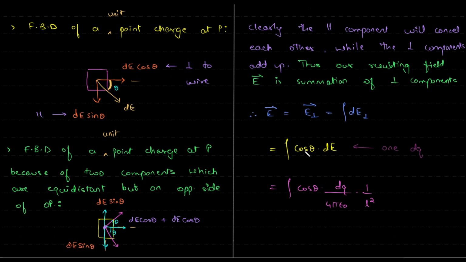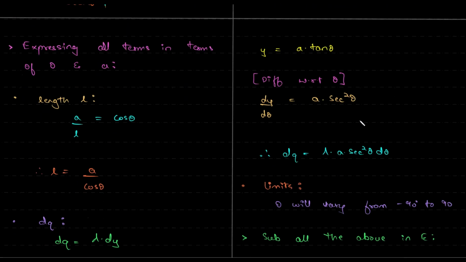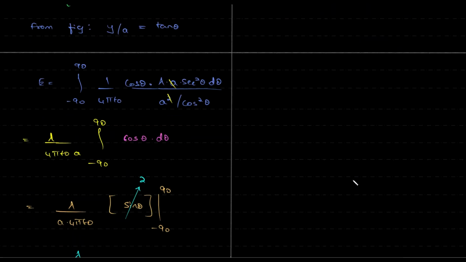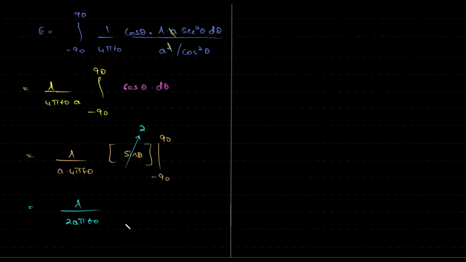Whatever is cancelling, we can let that go. Whatever is adding, we need to integrate. And to do that, we express all terms in terms of theta and a. This was a simple set of trigonometric functions. And by substituting and integrating, we got this particular expression.